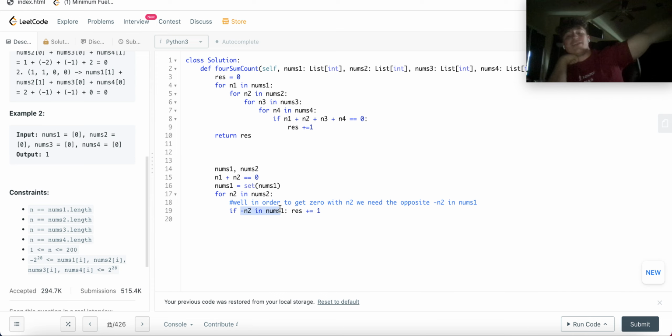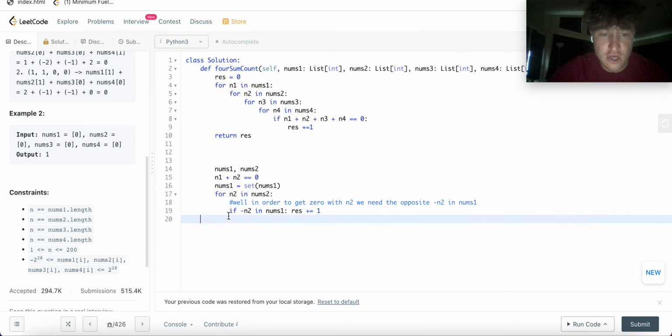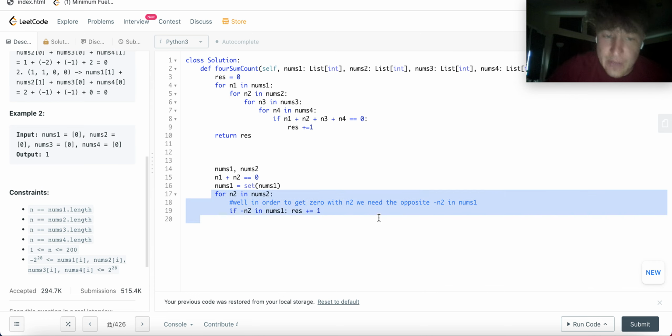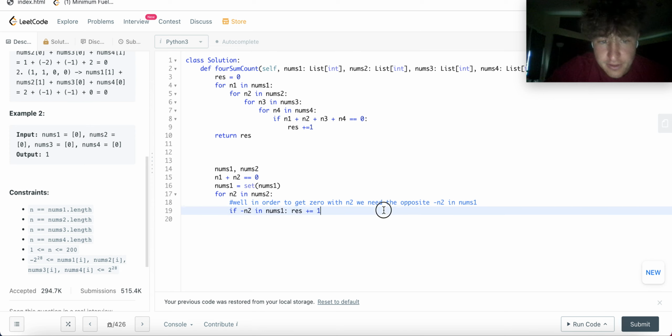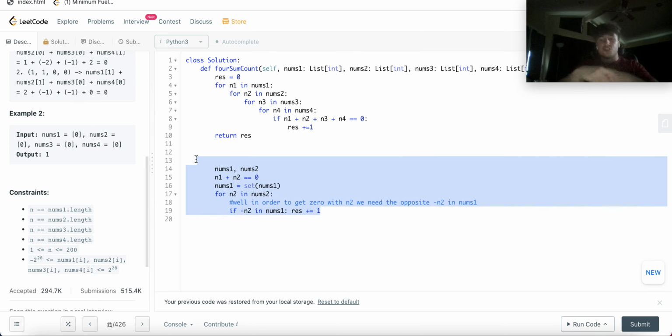Well, checking if it existed in nums1 takes linear time. So can I use a data structure, for example, in this situation, a set, to modify nums1 into something where I can make constant time checks? So now this goes from n squared to n. So that's a solution to this two-sum approach where you have two arrays and you're trying to see if they sum to 0.